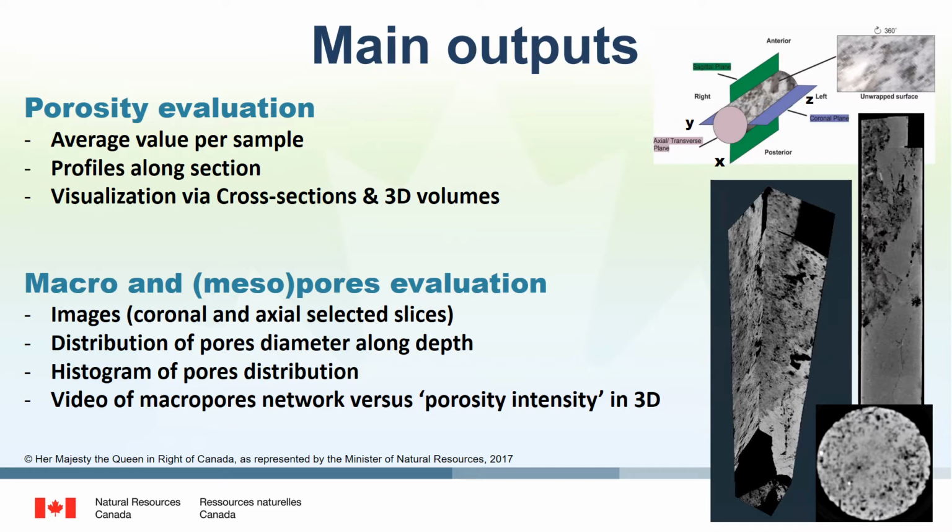But we also provide porosity profile along depth or visualization through multiple cross-section or 3D volume views. In addition, after applying a segmentation technique, statistics on macropore and mesopore are produced, such as an estimation of the pore diameter, distribution along depth, or the pore distribution histogram.